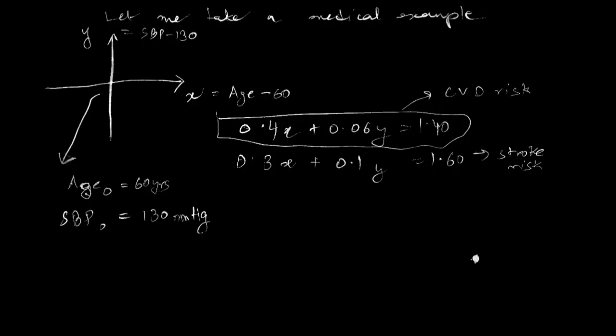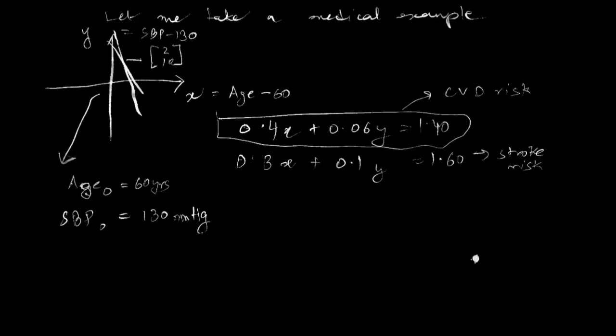Now, if I solve it, I find that this particular point is 210. And what it means is that if it is 210, then the actual age is 62.